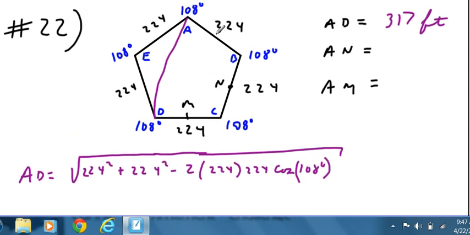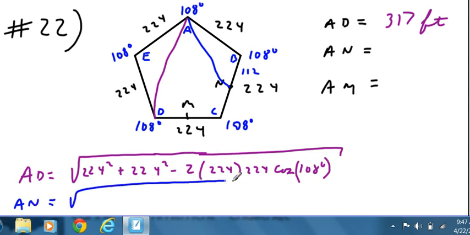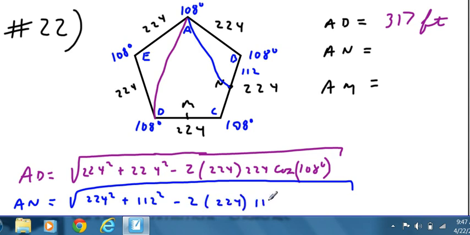All right, back to it, we're going to calculate A to N. Obviously I've got 112 over here, right? So A to N is going to be the square root of 224 squared plus 112 squared minus 2 times 224 times 112 times cosine 108.